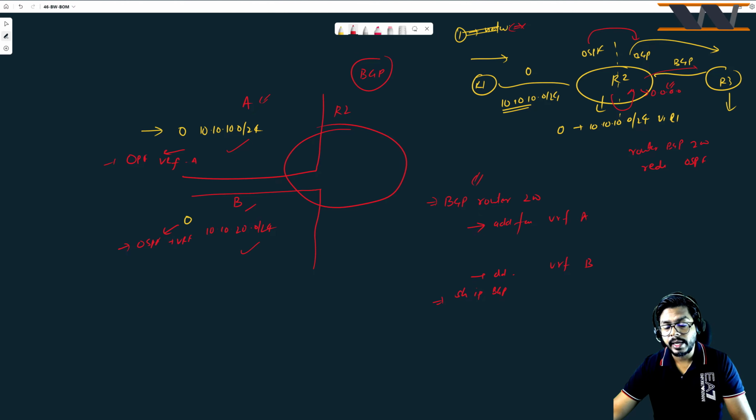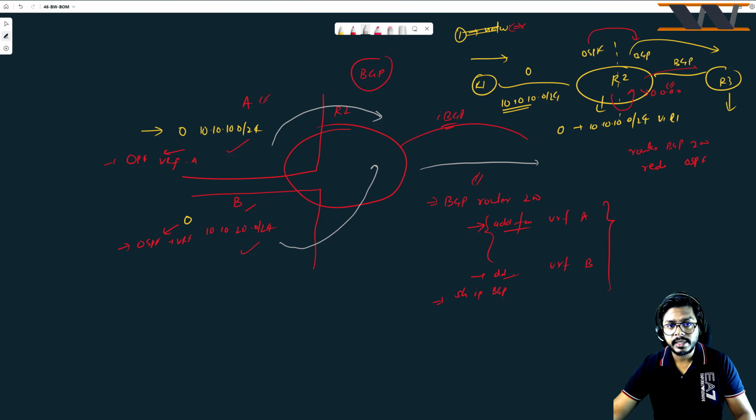I want to advertise all these routes in BGP. First thing first, BGP process 200 should know what the routes in the VRFs are. Whatever address family I'm writing here is for BGP, not for OSPF. Routes are in OSPF, so first we need to send these routes from VRF A into BGP and VRF B also into BGP so that BGP can advertise them.